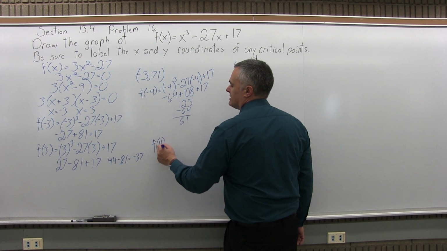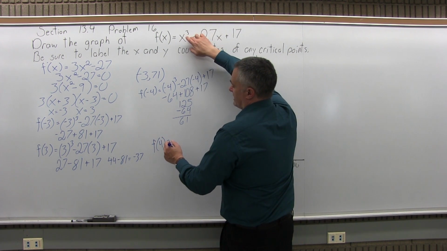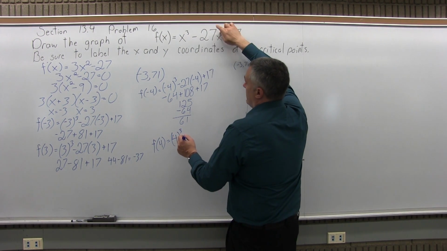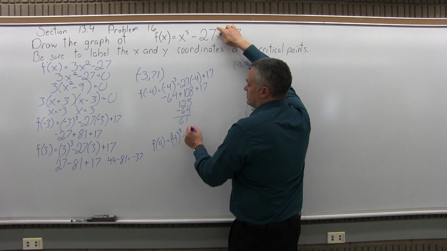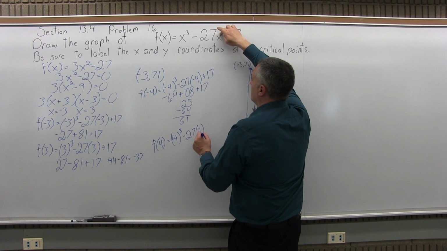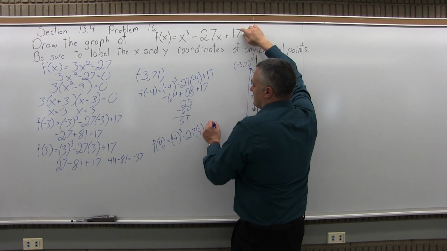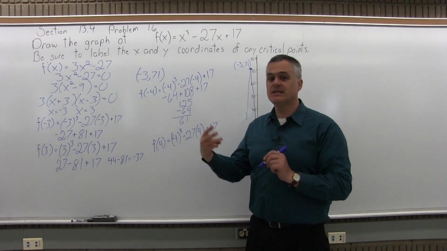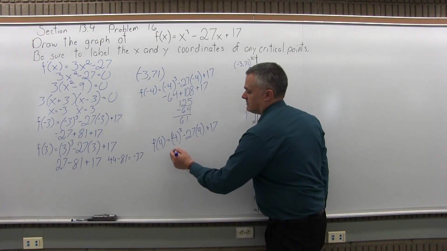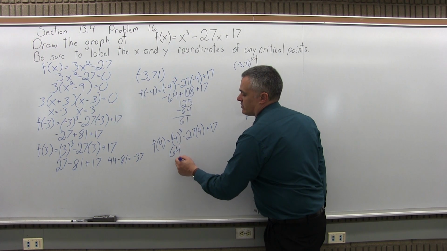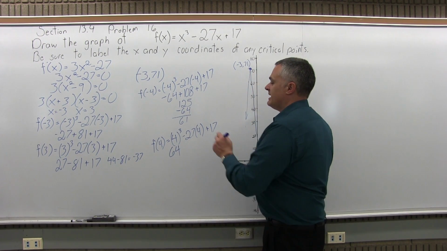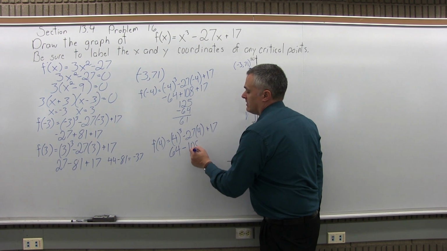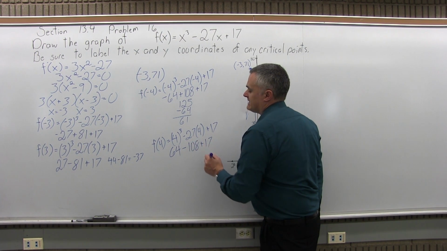F of positive 4 equals 4 cubed, minus 27 times 4, and plus 17. So 4 cubed, 4 times 4 is 16, times a third 4 is 64. So 4 to the third is positive 64. Negative 27 times positive 4 is minus 108, and plus 17.